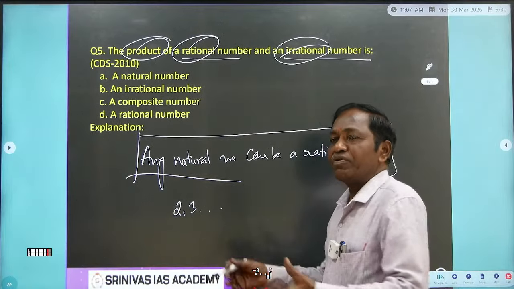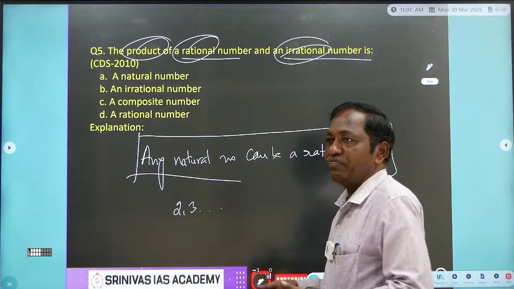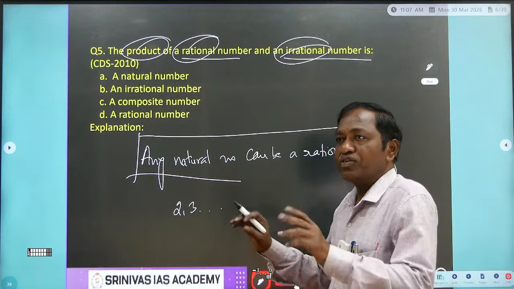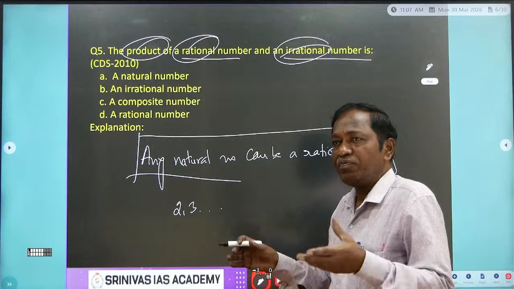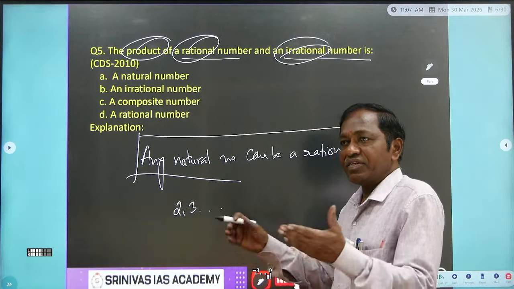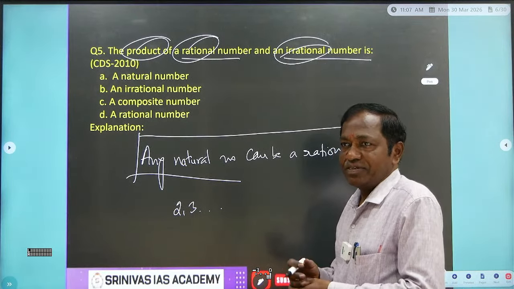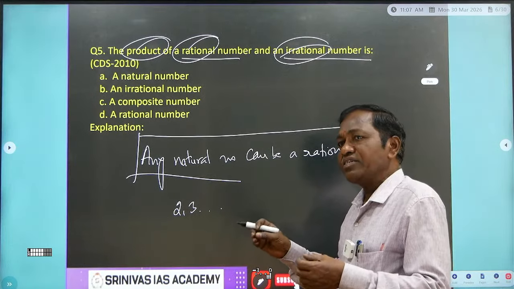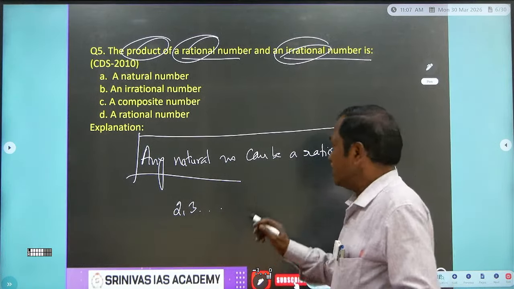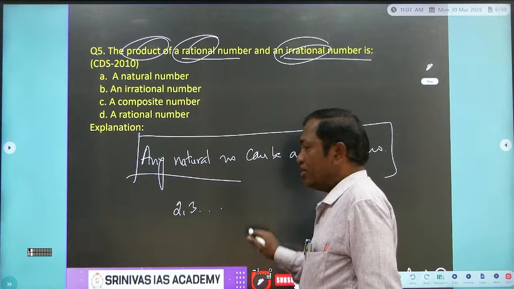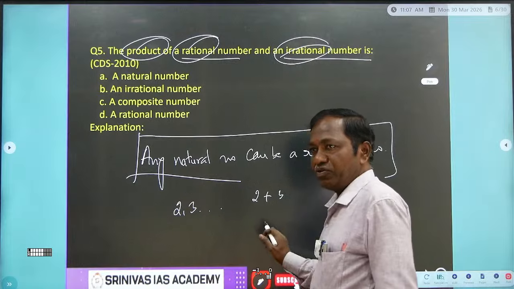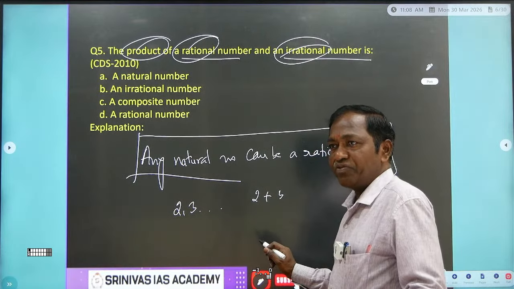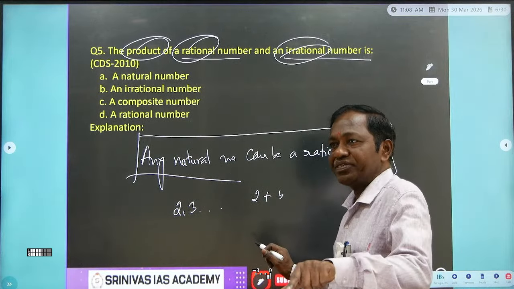Even at the time of taking LCM or HCF, if 4 is given, we write 4 by 1. It's a rational number in the form of a fraction, in the form of p by q. A natural number is what? Counting numbers. For example, 2 and 3: what is the sum? We know it's 5. But to prove it, how do you prove it? Only with the help of LCM.